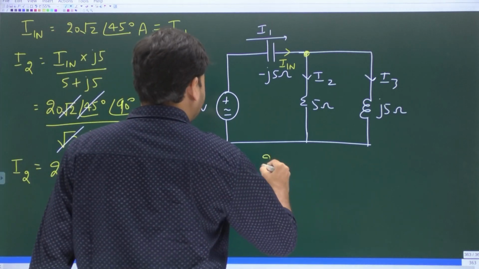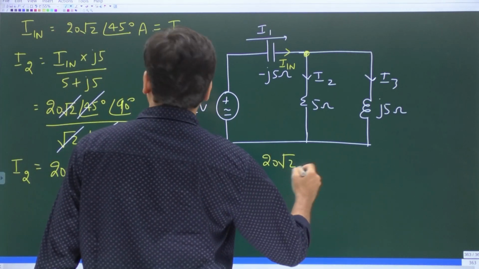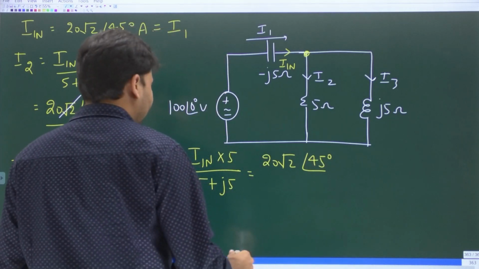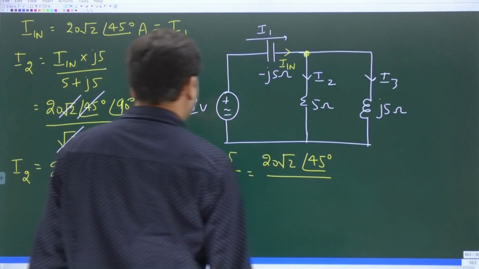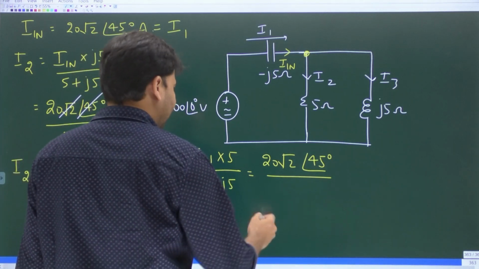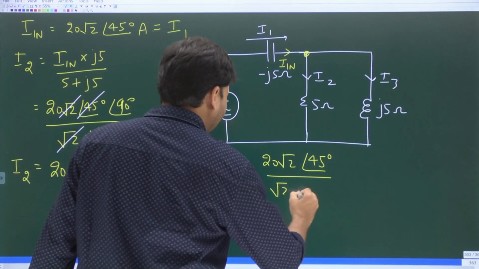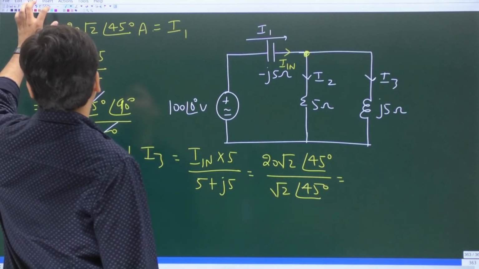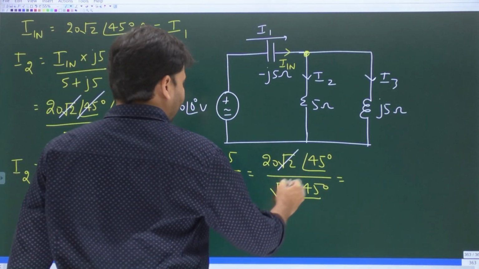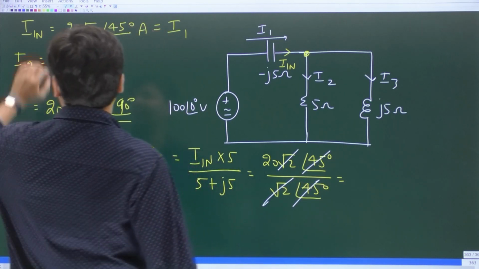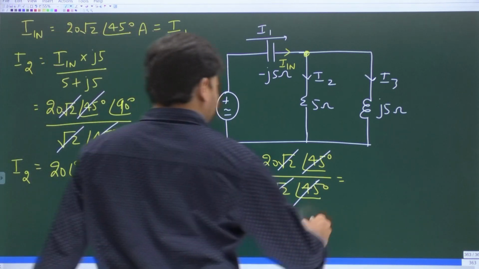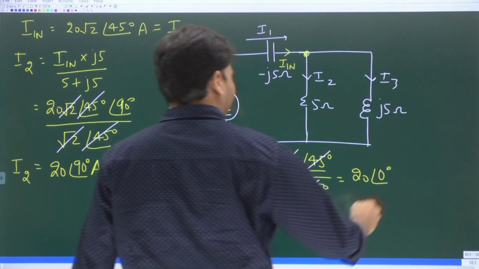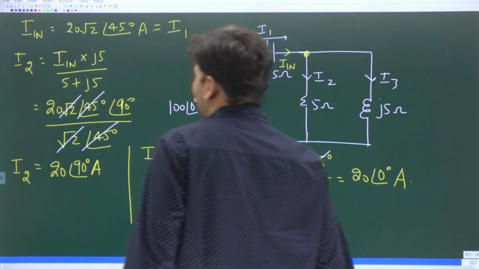Again, IN is 20 root 2 at an angle 45 degrees, again divided by 1 plus J, right? 1 plus J is root 2 at an angle 45 degrees. So now also you can see that root 2, 45 will get cancelled. The only thing that would remain is 20. If you want, we can write it as 20 angle 0 degrees amperes.